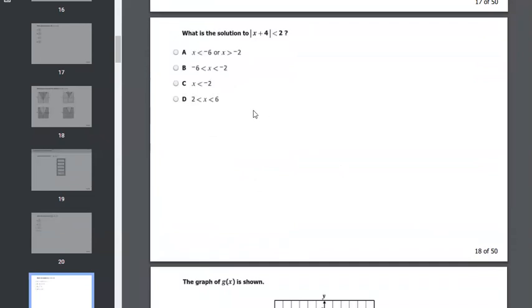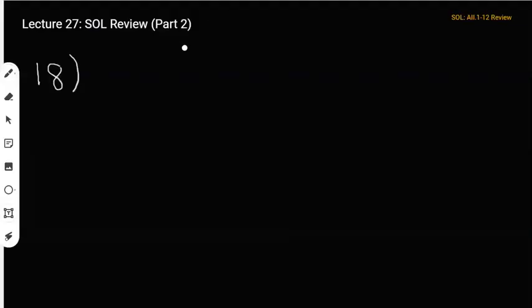What is the solution to absolute value of x plus 4 is less than 2? So I've got absolute value of x plus 4 is less than 2.